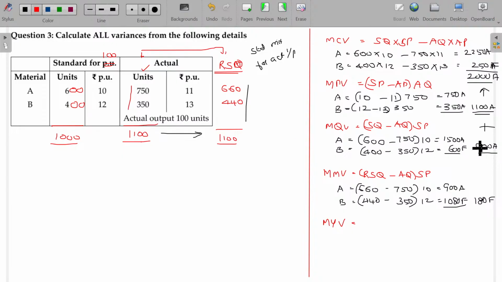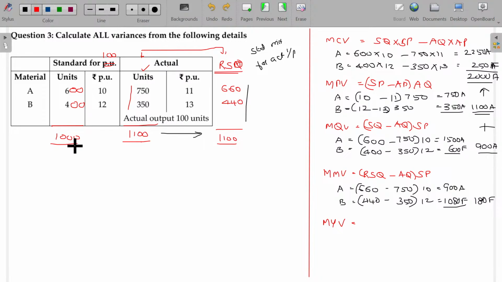So because of that reason only, sir, 900 rupees usually adverse, we made it favorable because of including cheaper material here. Okay, the next question is, because of changing the composition, will the output get affected? That's the next question. Okay, let's see.